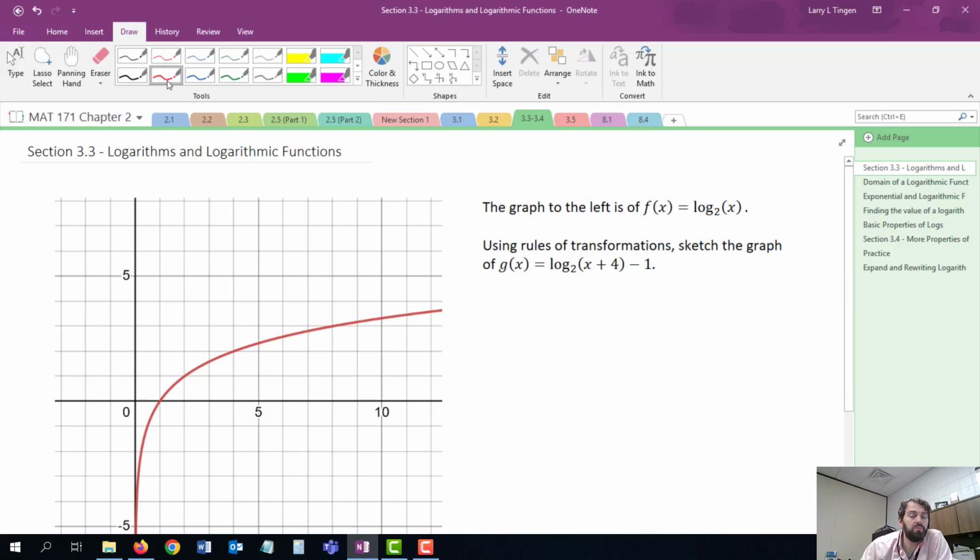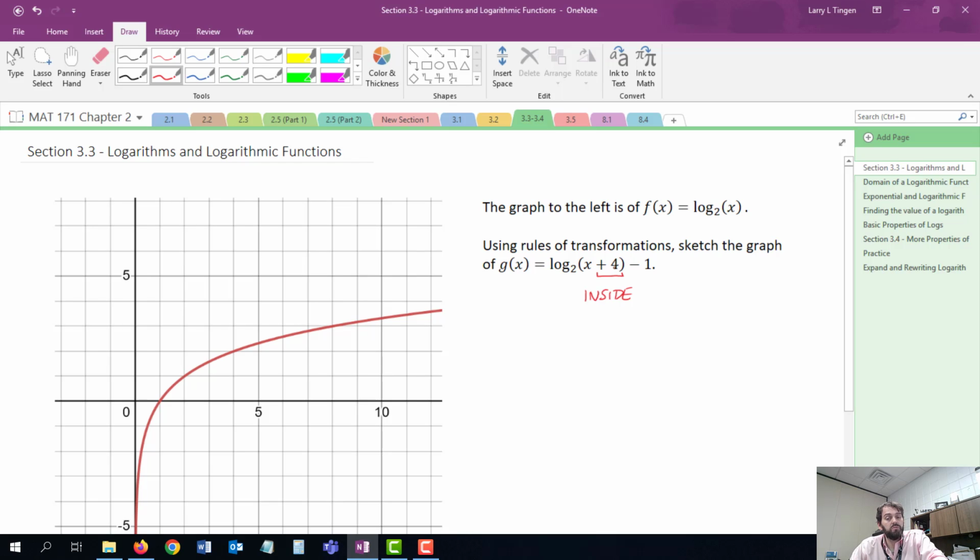Now, before with transformations, we talked about, am I impacting the inside or the outside? The same concepts apply here. This plus 4 is inside. And when I manipulate on the inside, if we remember, it does the opposite of what it looks like it would do. So this is log base 2 of the quantity x plus 4.